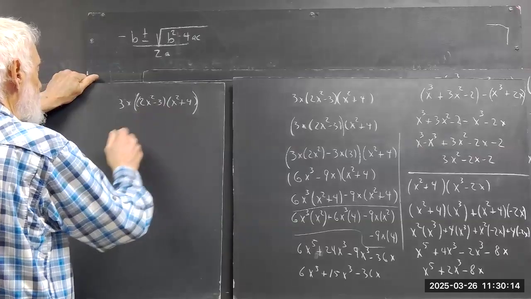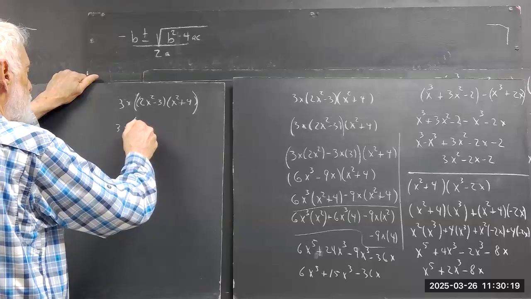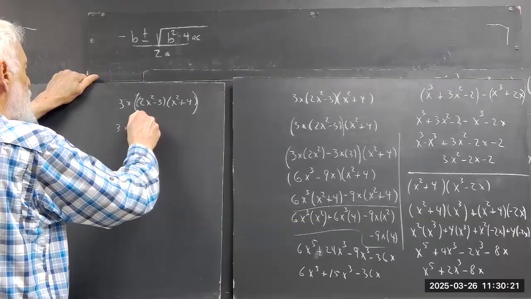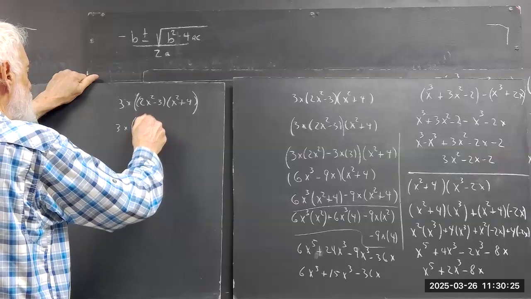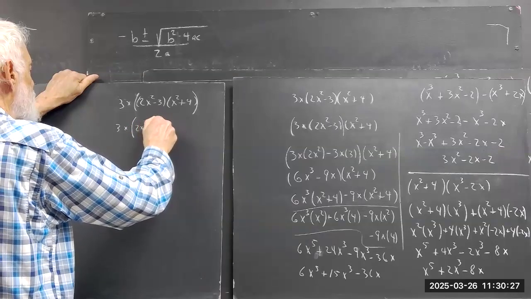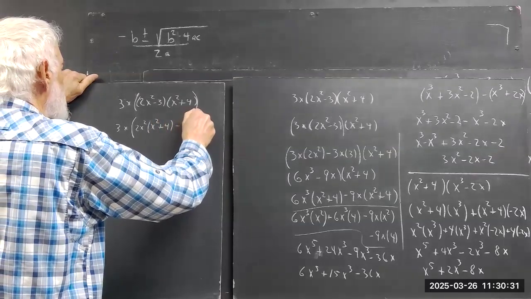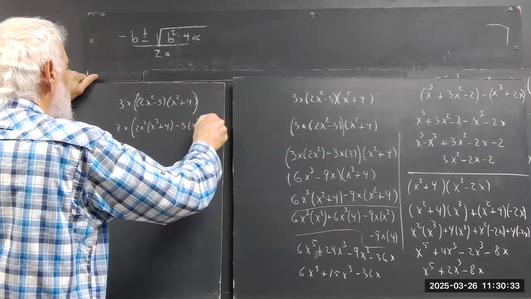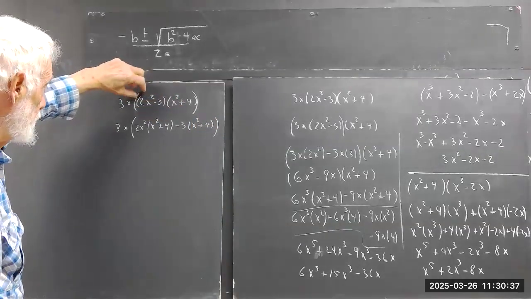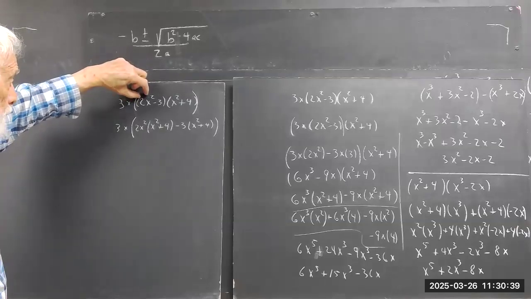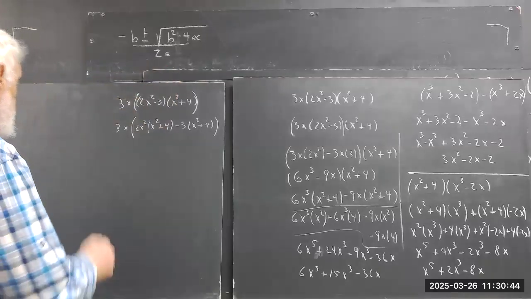Okay. I want to multiply this out. So we're going to have 3x multiplied by what? 2x squared minus 3 times x squared plus 4. Okay, so I'm multiplying inside here using the distributive law, multiplying 2x squared by this and negative 3 by this.